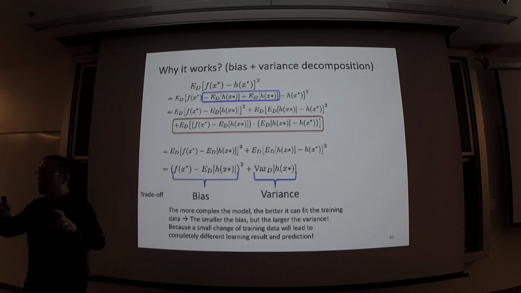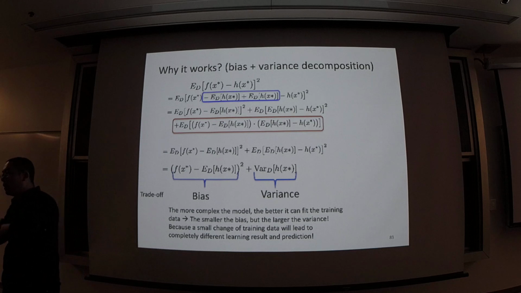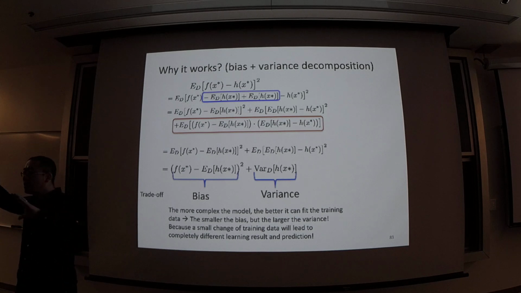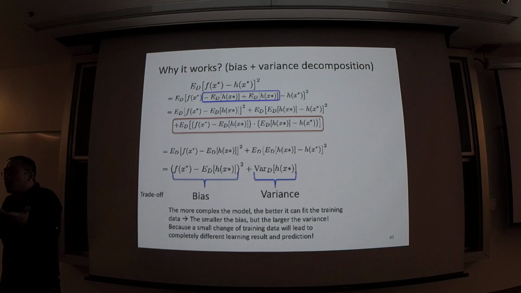For each training set, I get a complicated tree and one prediction; for another training set, I train another complicated tree and get another prediction, and then I average together. A decision tree, or any complicated classifier, is so good at fitting the training data that when you have seen all kinds of training sets, the average prediction you can expect has pretty low bias.